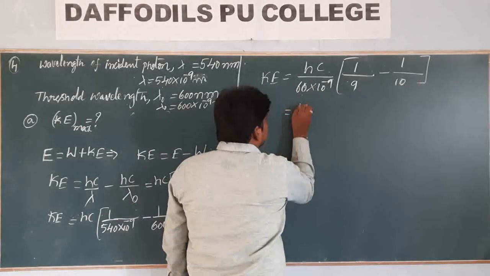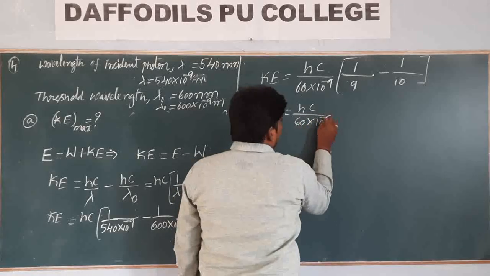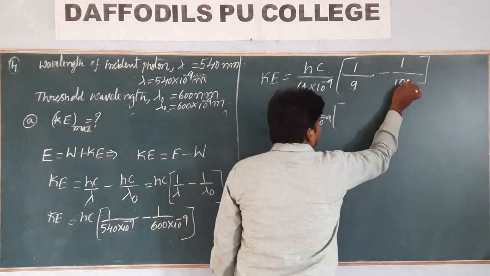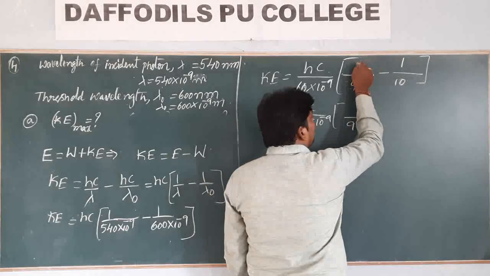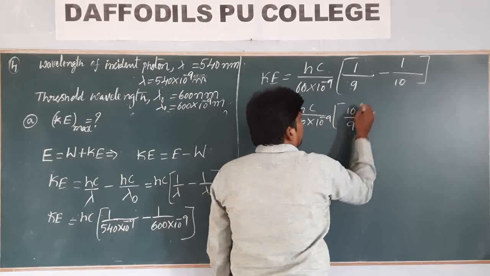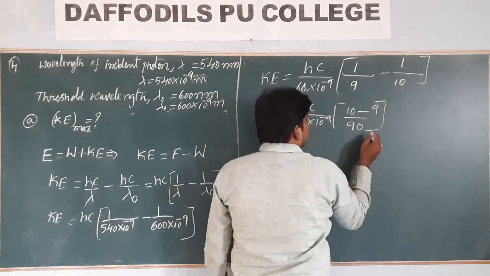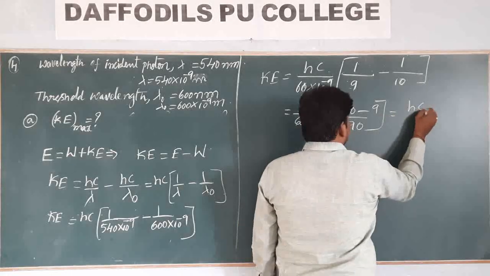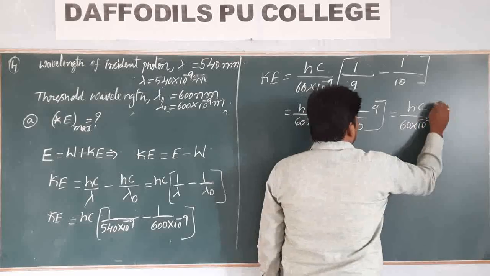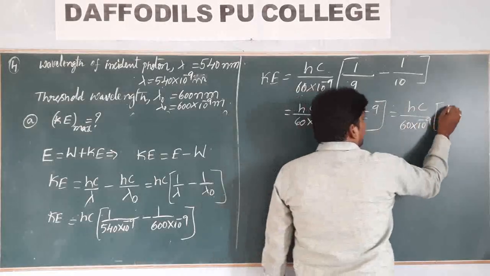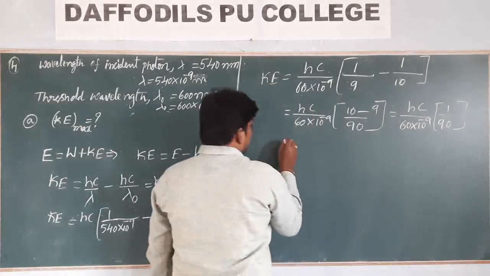Now hc divided by 60 into 10 to the power minus 9, times 9 into 10, 90, 10 into 1, 10, minus 1 into 9. Yes. This is the remaining thing: hc divided by 60 into 10 to the power minus 9, times 10 minus 9 is 1, so 1 divided by 90.